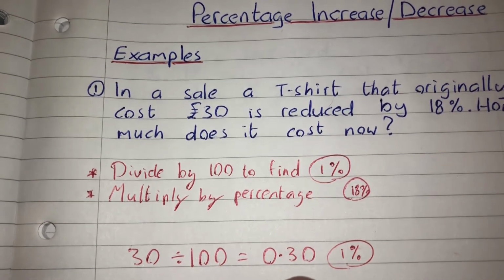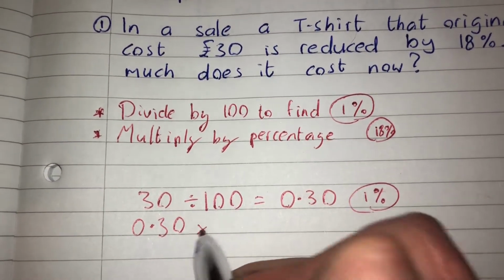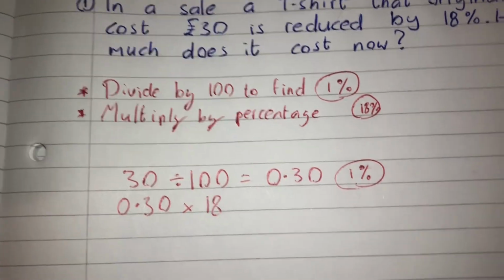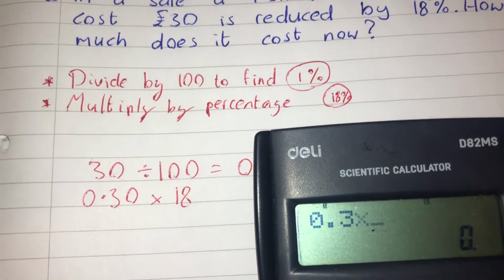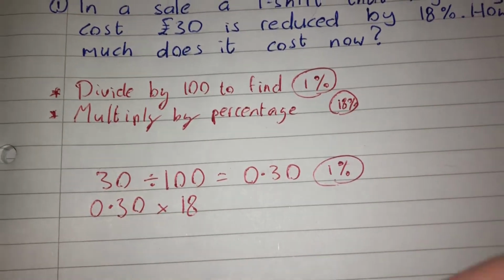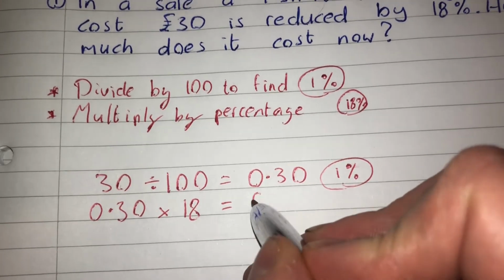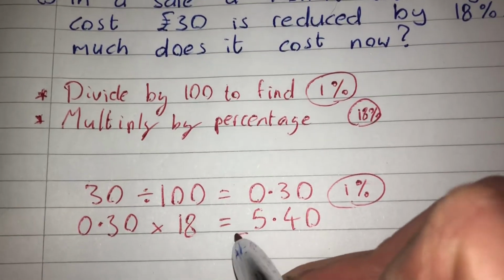So I would take my 1%, which is 0.3 or 30 pence, and I would multiply that by 18, and that's going to give me my 18%. So 0.3 times 18 gives me 5.4. So 18% of £30 is £5.40.